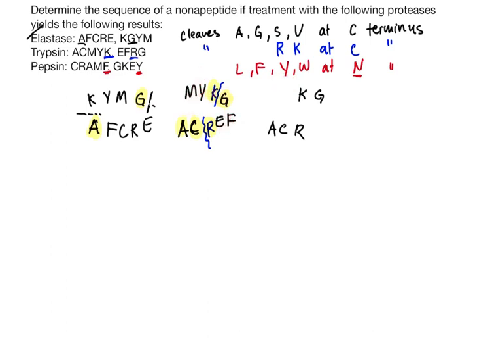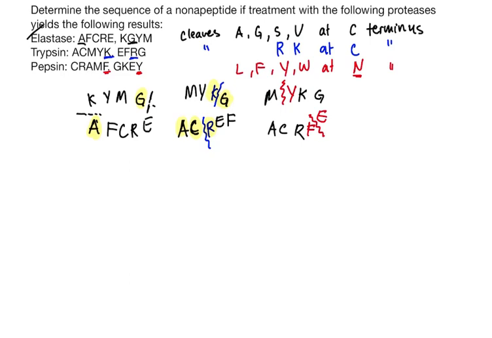So we have here Y. So there's a cleavage site over here at the N terminus of Y, YKG, and then we have E. Right? The F would be cleaved off at the N terminus. So we have FRCA and M, because that's the only place where you can have the methionine.